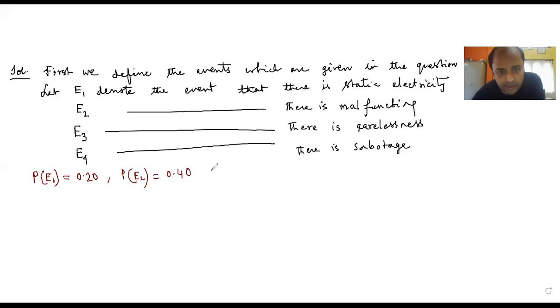Probability of E3 is given to be 0.25. If I do any mistake, you can write in the chat box to notify me. Okay, so 0.15. All these probabilities are given.